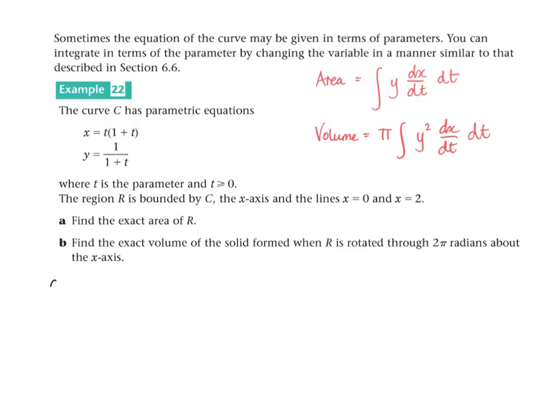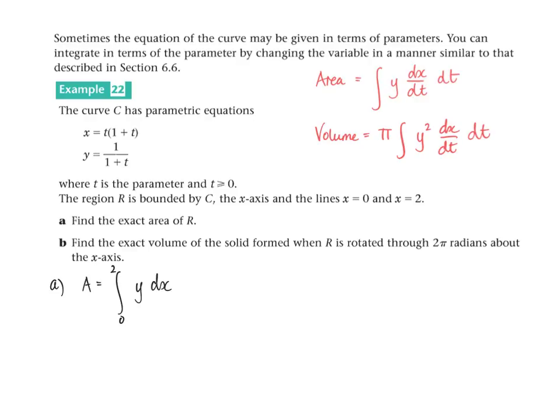So getting back to the equation then, the question in part A, find the exact area of R. So the area is going to be from 0 to 2 of y dx, but then we've got to change that. So our limits are for x, but we want to change it to t, simply because it's with respect to t.